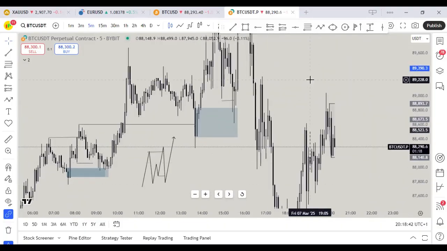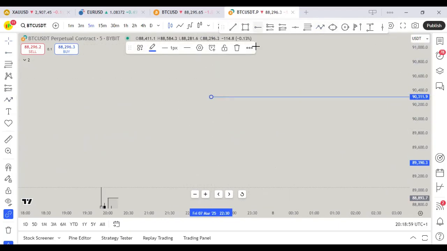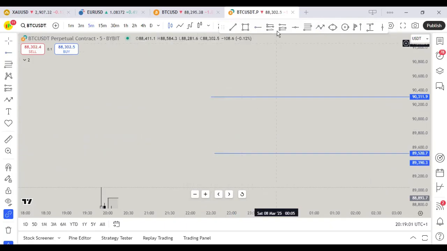Now there's something you guys don't know. Let's say we have this. This is a lower time frame trade now. Let's say we have this on the higher time frame. This is an external liquidity. Let me give you guys what external liquidity is.